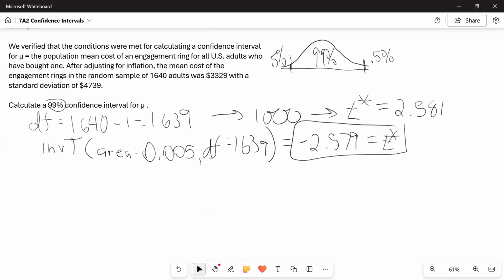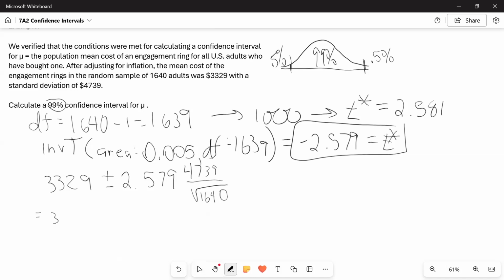And then we do our formula here. So we take our sample mean, which is 3329, plus or minus the T star critical value, 2.579, times the standard error of the sample mean, which is 4739 over the square root of 1640.